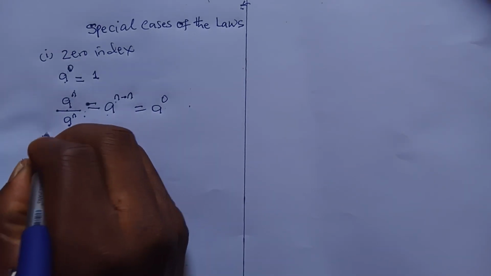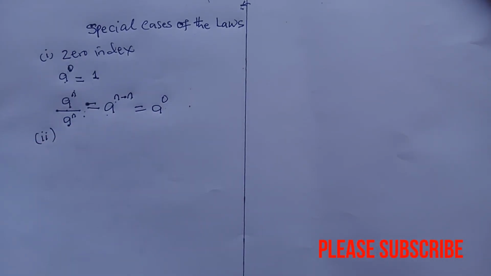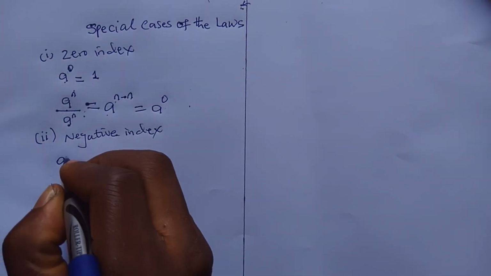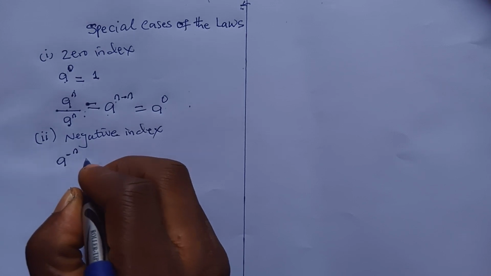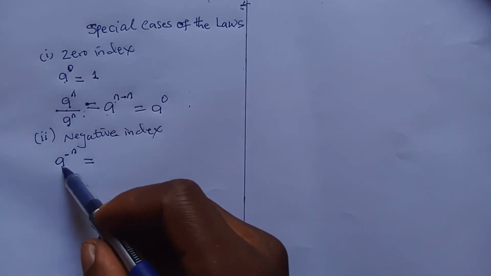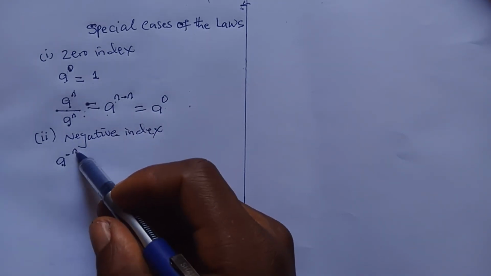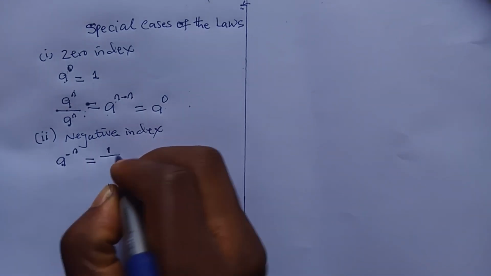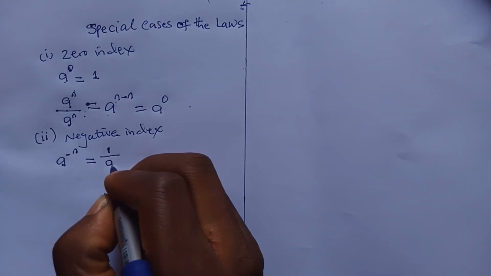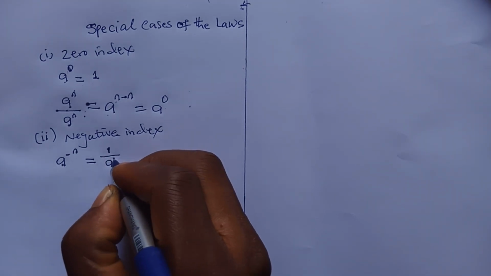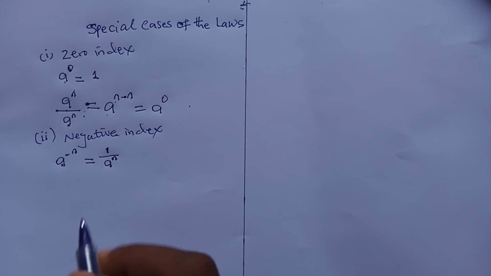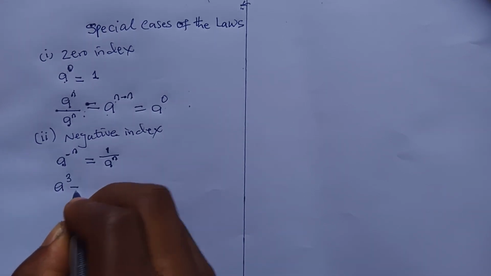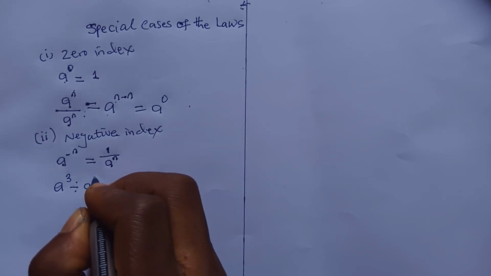The second special case of this law is the negative index. This says that if you have a raised to power minus n, it is the same thing as taking the reciprocal of this number raised to its positive exponent. For example, the reciprocal of a is 1 all over a, then raised to the positive power, which is n. In demonstration, we can use a raised to power 3 divided by a raised to power 5.